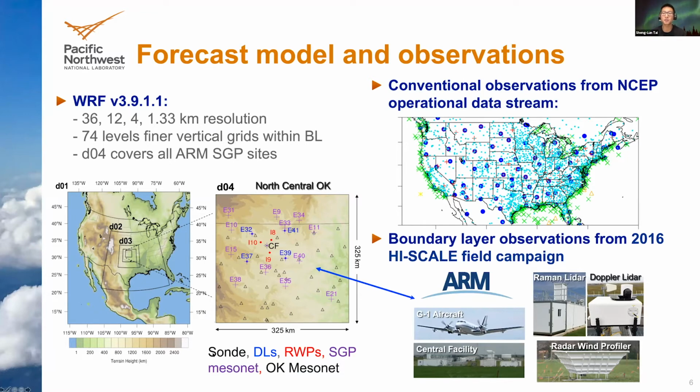In addition, we got multiple boundary layer meteorological observations from the 2016 HI-SCALE field campaign, like the radiosonde, the Raman lidar, Doppler lidar, radar wind profiler, and also the Oklahoma Mesonet. I didn't show them all here. Some of them are assimilated, but some of them are used for model assessment.